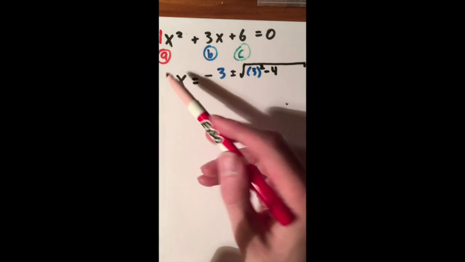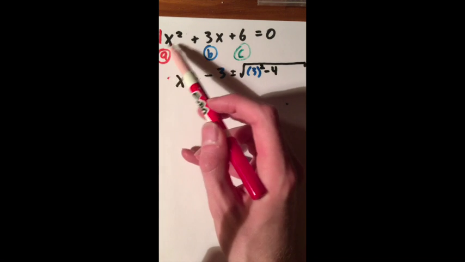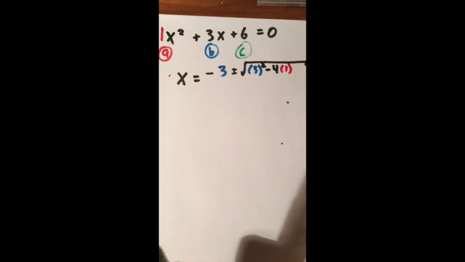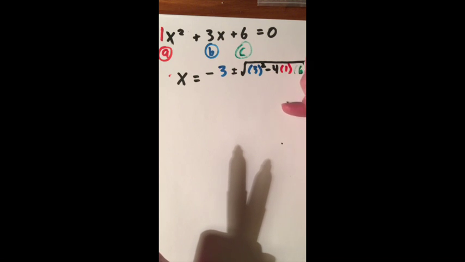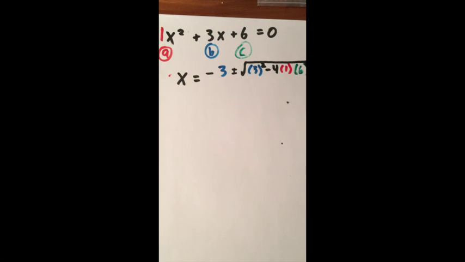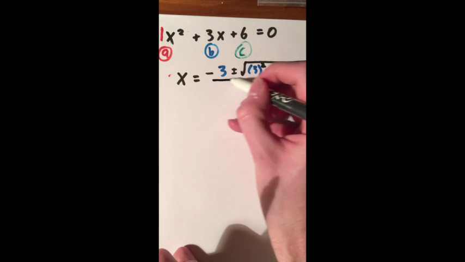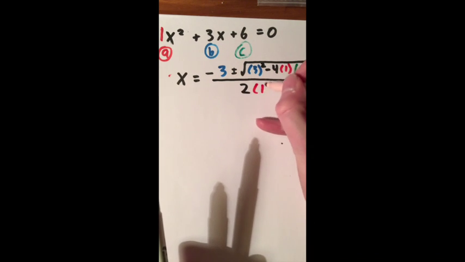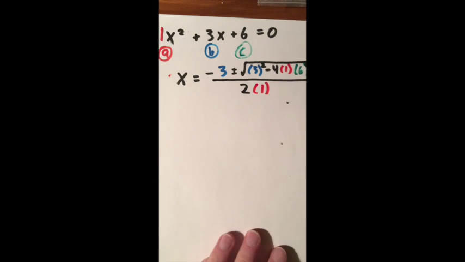Well, remember, when I don't have anything in front of my variable, it's always like a little imaginary 1. So 4 times a 1, that's my a, times my c. Well, my c is a positive 6, times a 6. All over 2 times my a, which is a 1. 2 times a 1, in the denominator, okay?